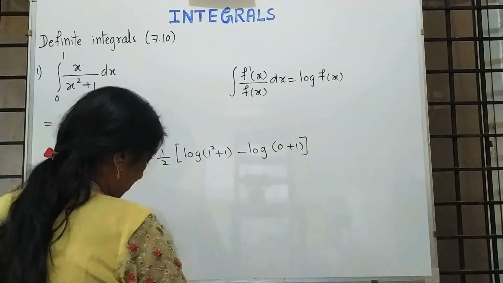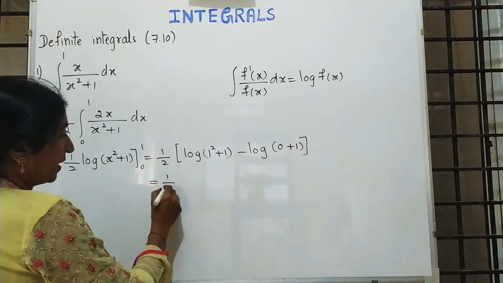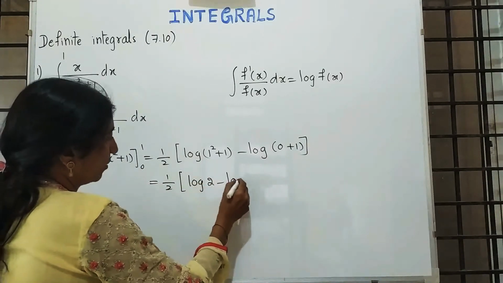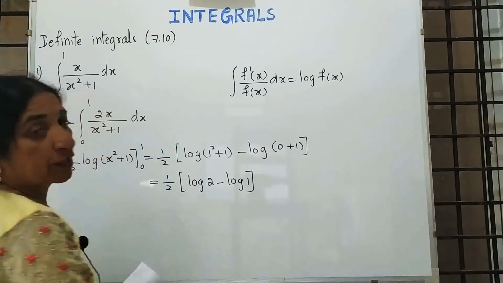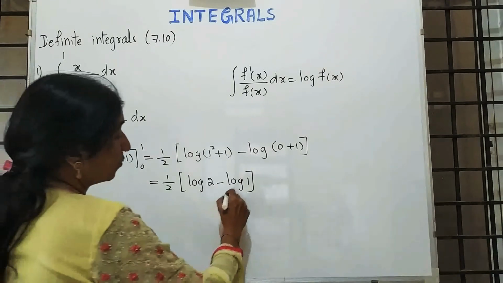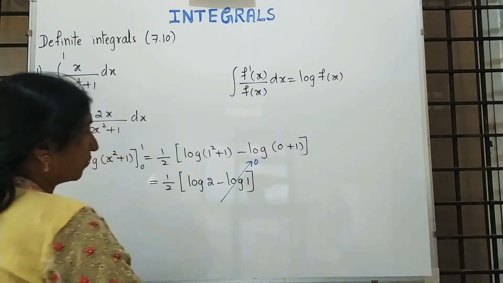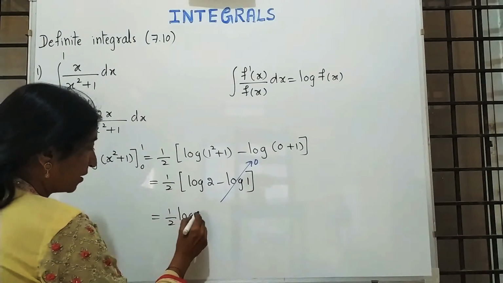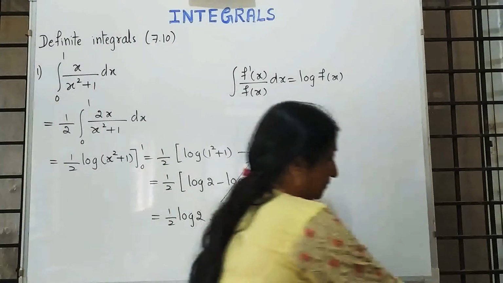Now it is log 2 and log 1. 1 by 2, this is log 2 minus log 1. But what is log 1? Log 1 value is 0. Log of 1 to any base is always 0. So here only 1 by 2 into log 2 remains. Now moving to the next question, that is the second one.